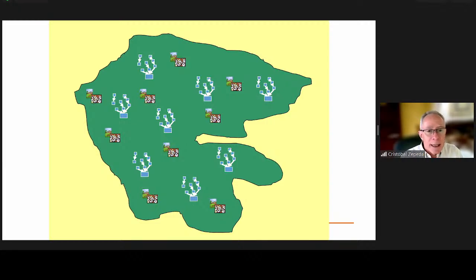So let's see the following diagram in blue. We have integrated poultry farms that are in the private market, and we also have backyard poultry production. In blue, we see the disease-free compartments. And if there is infection, that area would be isolated and the rest of the compartments would continue to trade.